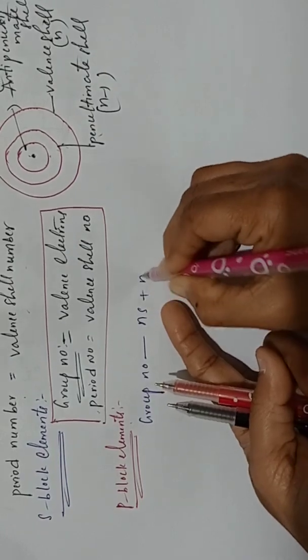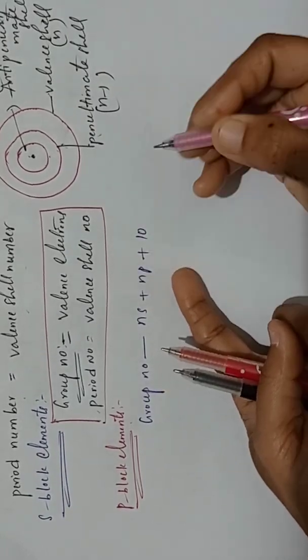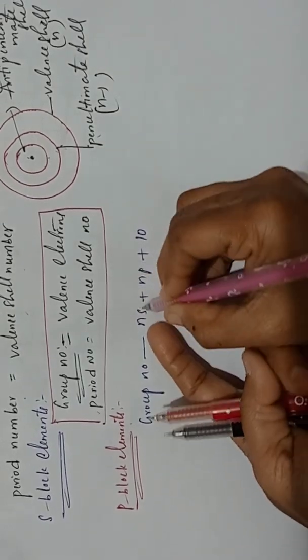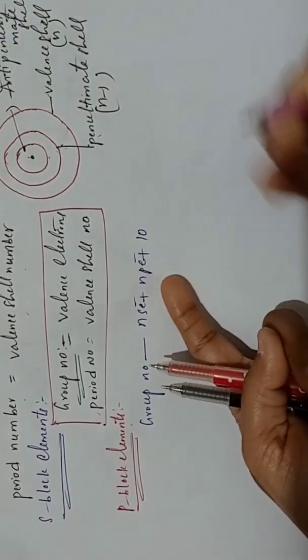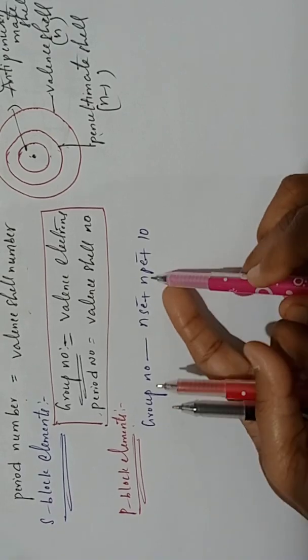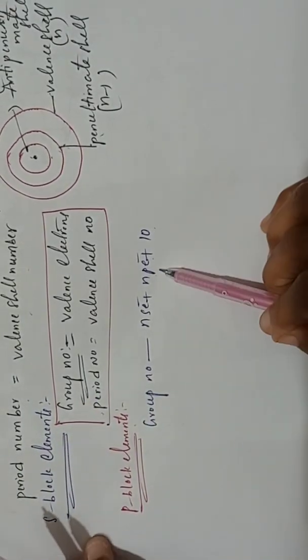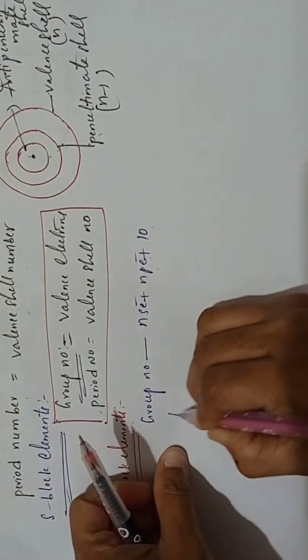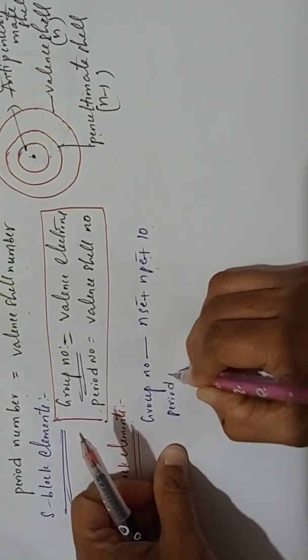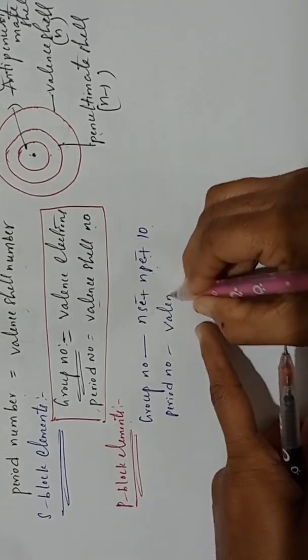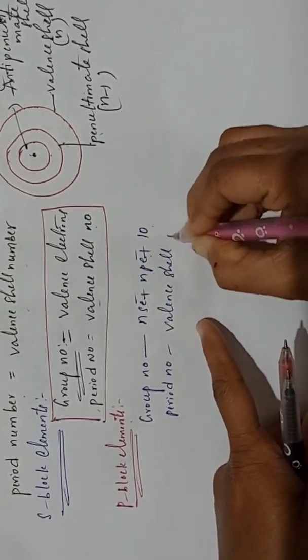Group number is equal to ns electrons plus np electrons plus 10. You have to take ns electrons plus np electrons plus 10. This is the group number formula. To find the period number, it is the same: valence shell number.